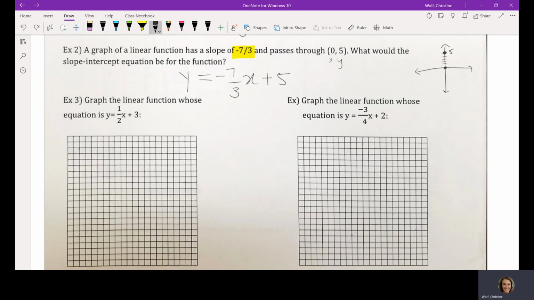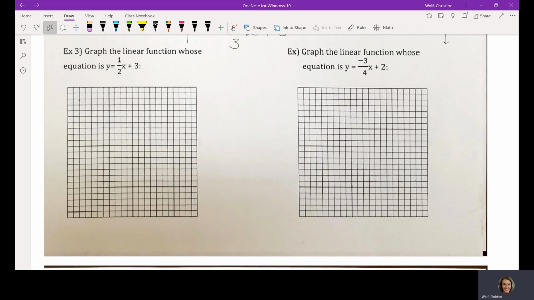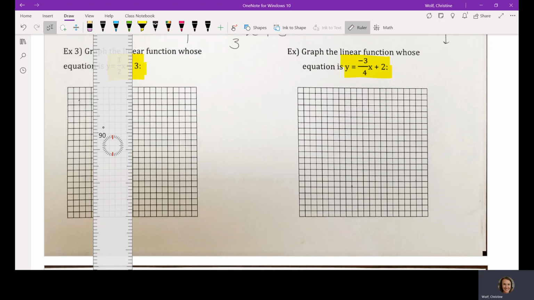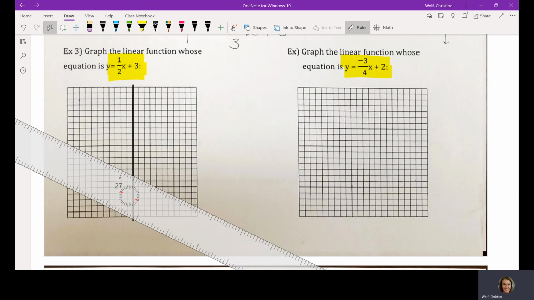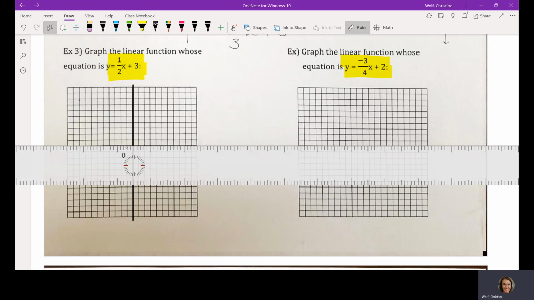For the next questions, we have to actually graph. I'm going to give you the equation in slope-intercept form, and we have to graph it using the information given. The first thing I'm going to do is quickly draw my axes here, my vertical axis and my horizontal axis.